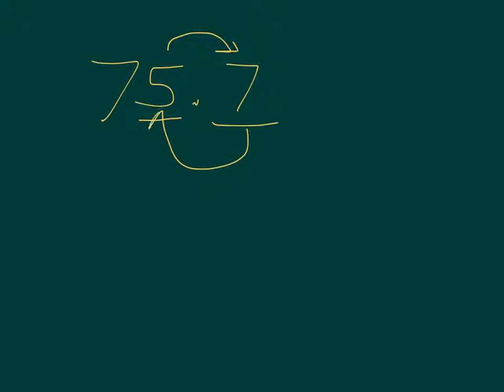Let's try another one. Let's say we have 75 and 7/10 rounded to the nearest whole number. The nearest whole number is the 5, so we look to the right, and that's 7/10, and we follow the rule. 7 is 5 or up, so it means take the 5 and make it go up. The 7 of the 70 is still the same; we don't touch that at all.